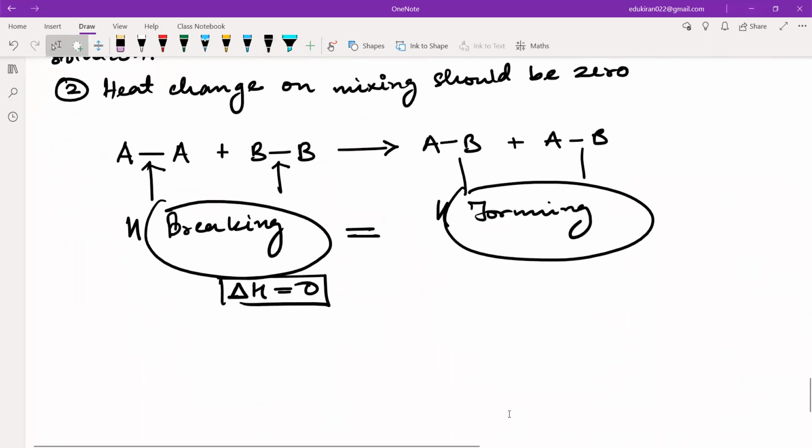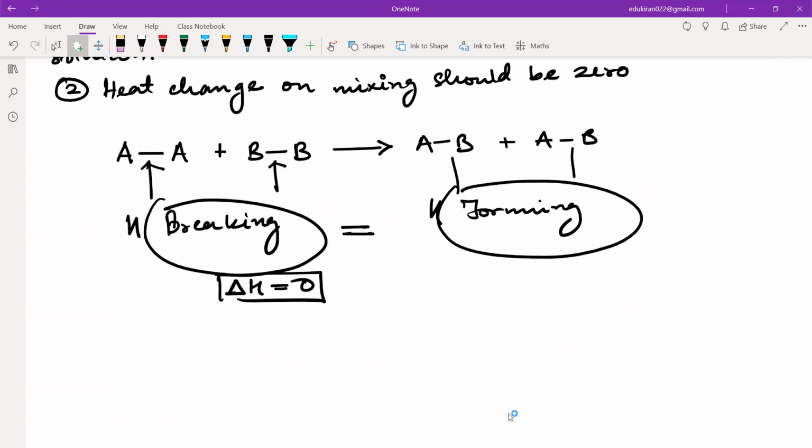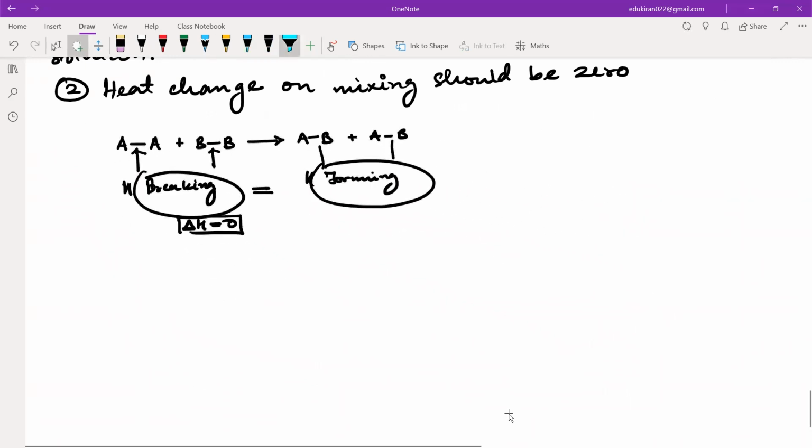Now in heat exchange, what you can write here is, let me just reduce the size here. You can just see it here. Okay, heat exchange is what? Heat exchange should be 0.